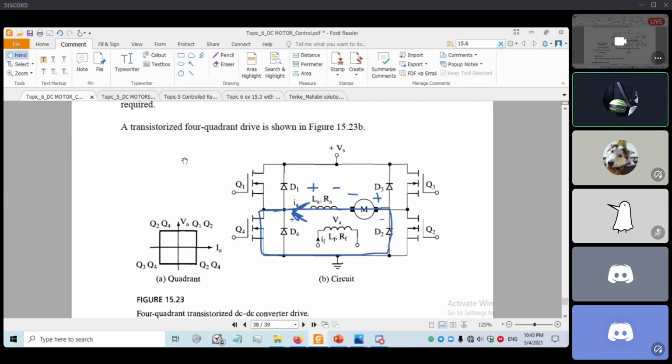And this happens for time 1 minus kt. I forgot to mention the time for when Q3 and Q4 were on, that happens for time kt.